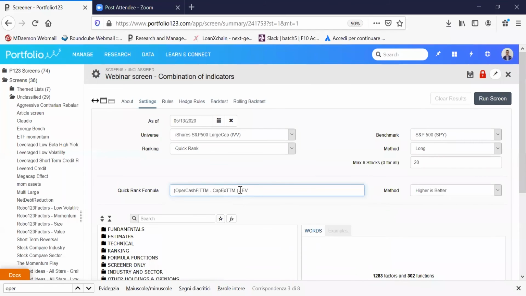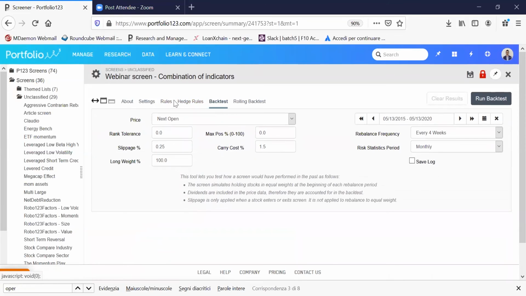Okay, so this is a valuation metric which looks not much at net income, but more at cash flow generation. And cash flow generation that assumes that there is at least some expense in order to keep the assets in good shape. So we are taking the top 20 stocks here.